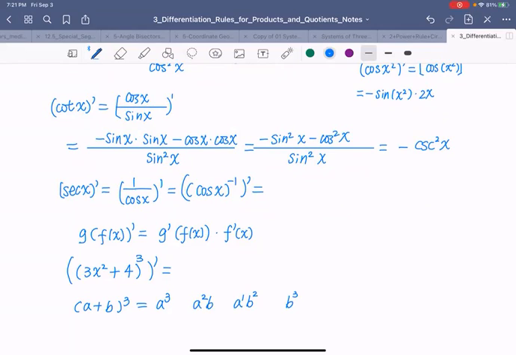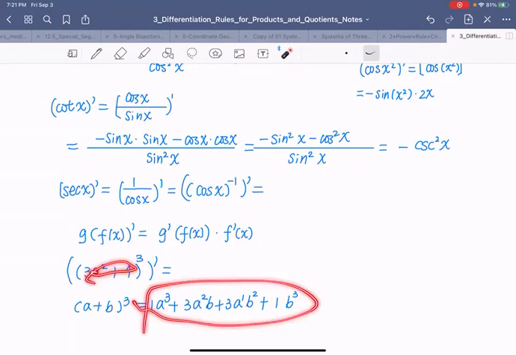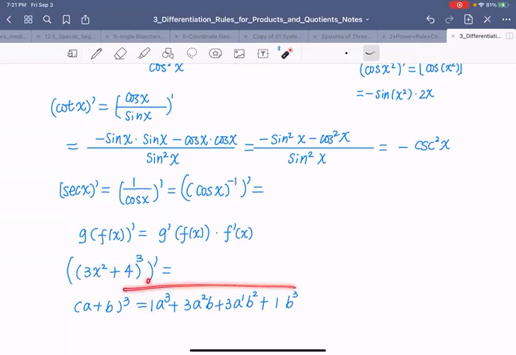And the Pascal triangle is 1, 3, 3, 1. So I can expand this one using this formula and get the derivative, no problem. But what will happen if I give you a 30? Are you able to do this guy with a 30? Yes, but it's too complicated, it's too long. You don't want to do it that way.